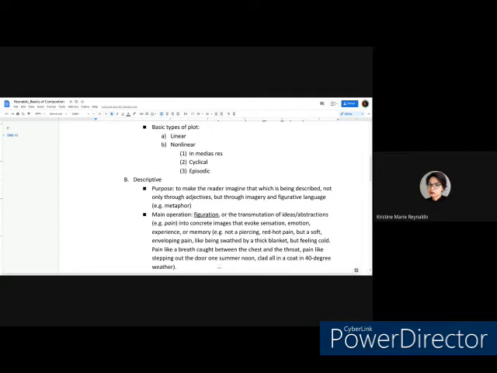So if the goal of narrative is to tell a story in a way that makes your reader understand how events are related to each other in terms of time and in terms of causality, in descriptive writing, your goal is to make the reader imagine what you are describing and to viscerally feel it through their imaginative senses.